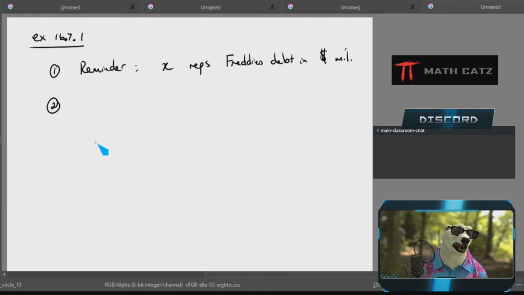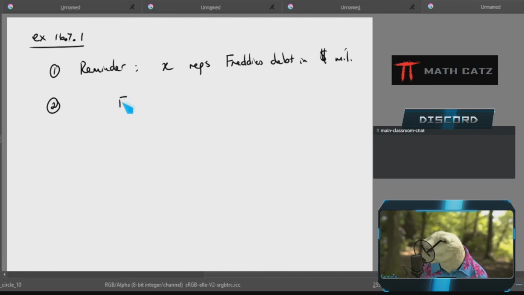Now I want to translate the information. And depending on the complexity of the situation, how much information there is, how convoluted it is in its presentation, I want to help myself here. You don't have to write the final equation as the only thing that you write here. Help yourself.